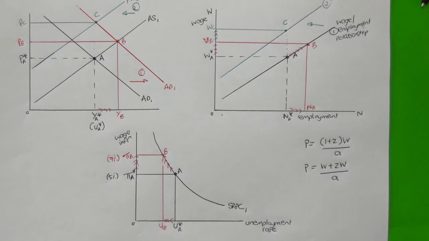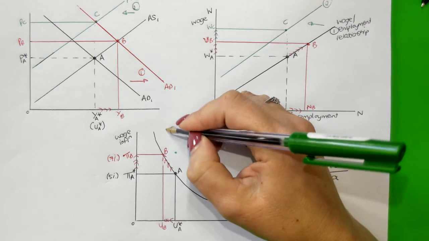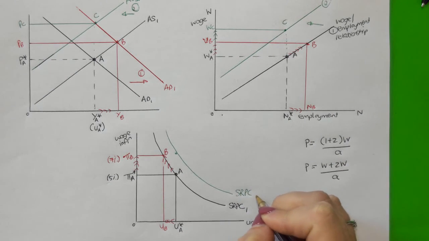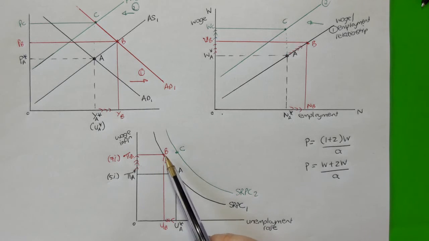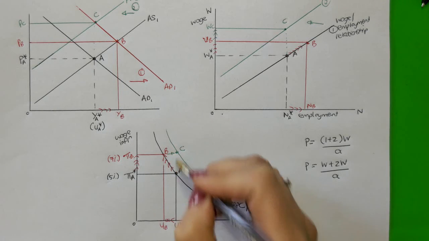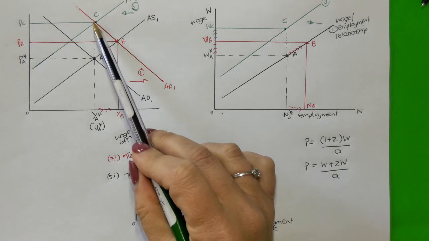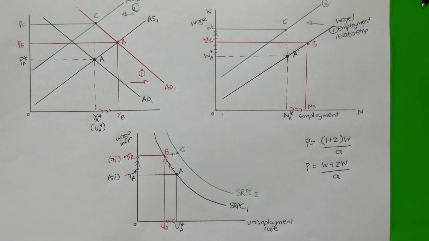As we would have done previously, we need to show how this affects the Phillips curve diagram. And what we then show is that this is a rightward shift of the short-run Phillips curve. And the reason why it's a rightward shift of the short-run Phillips curve is because the adjustment from point B to point C was caused by people's inflationary expectations rising.